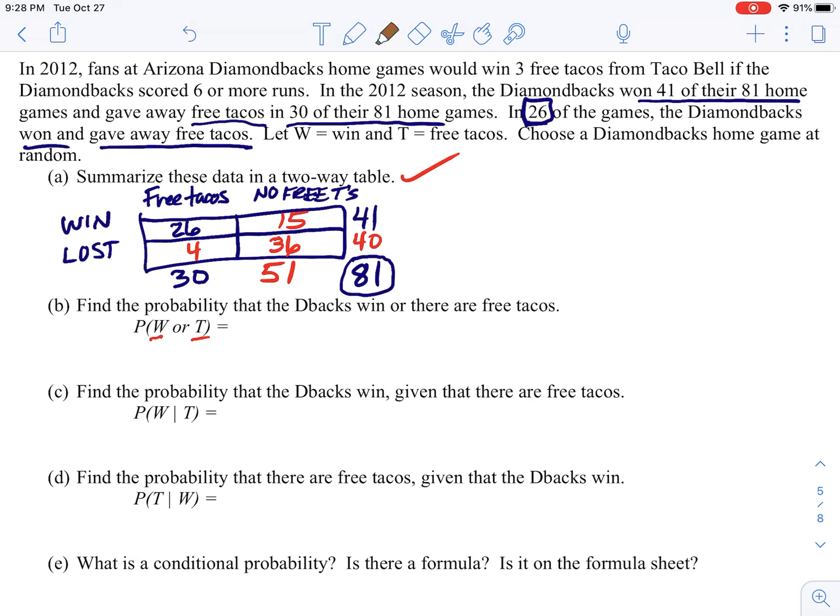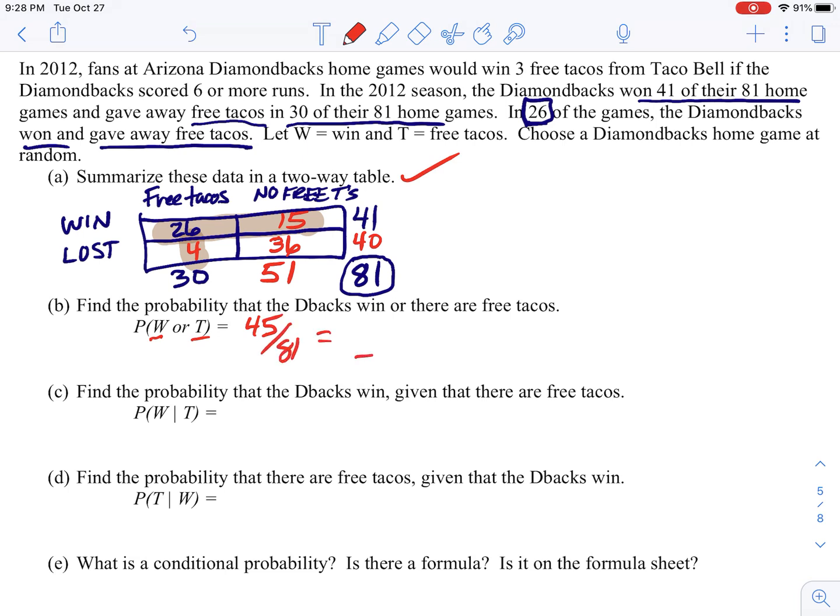So if we just highlight the wins, it would be these two numbers. And if we highlight the tacos, well, we don't want to highlight 26 again. We just want to highlight the 4. Those would be the three numbers that are either in the win row or in the free taco column. And we don't want to count the 26 twice. So it looks like there are 26 and 4, 30, 45. Looks like there's 45 out of 81.